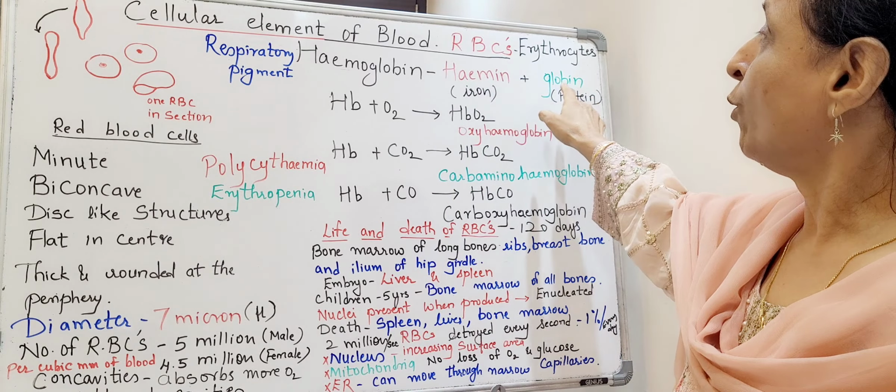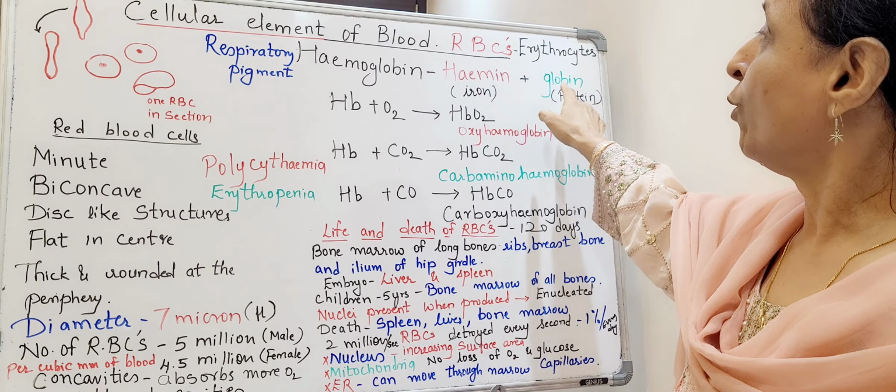Now, they travel through the capillaries in a file, in one line. So they have to be very minute structures so they can move in capillaries also. Capillaries are the minute vessels.